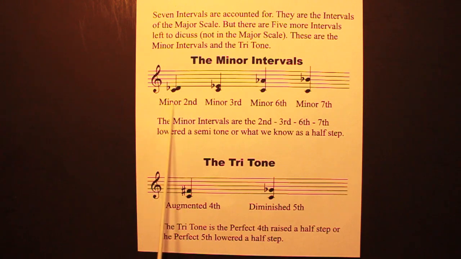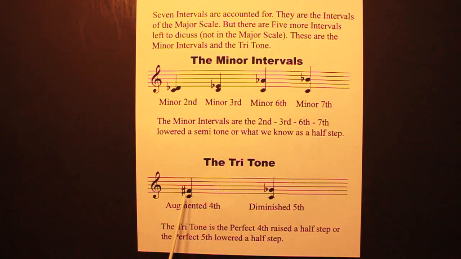That interval would be a minor second. Minor third, C to E flat. C to A flat's a minor sixth. C to B flat is a minor seventh. Again, why? Because those notes are not in the major scale.